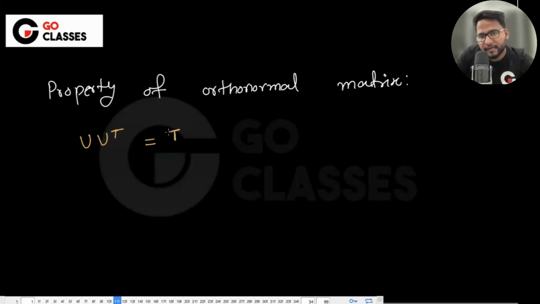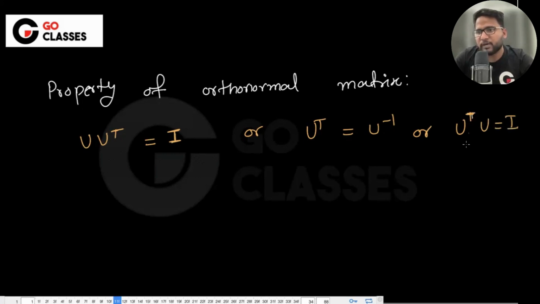This is the identity matrix, right? Or if you like, you can also say U transpose is nothing but U inverse, right? Since U transpose and U inverse are the same, this is also identity. You multiply left, you multiply right, it doesn't really matter. This is the first property.